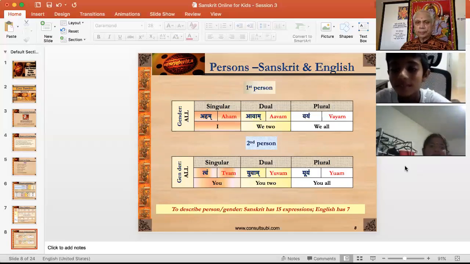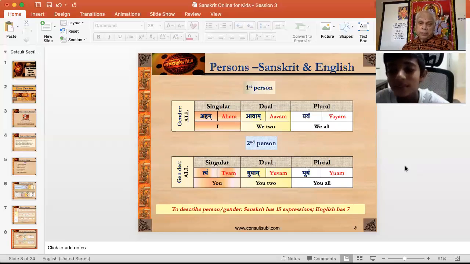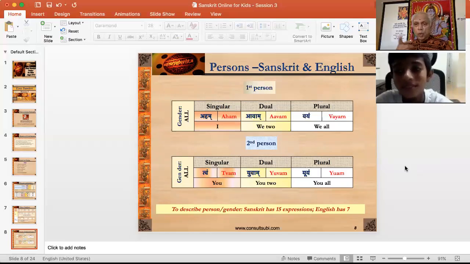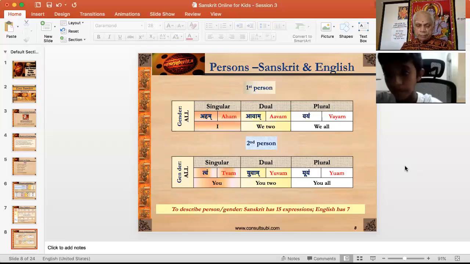Second person, for example, you. If I say Rishabh, you say Tvam. But if I'm going to address Trinetrani and Sundarshani, I'm going to say Yuvam. Yuvam, Baginyao.